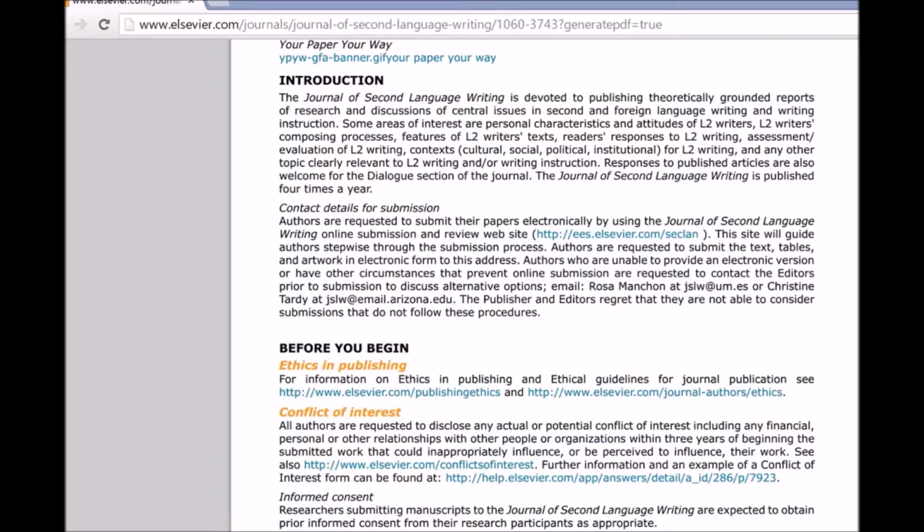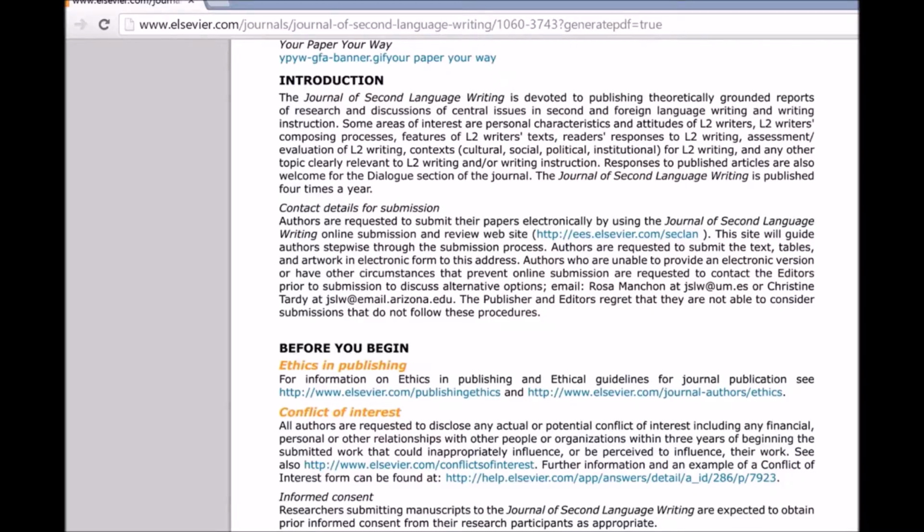And as we go down, it presents a more detailed description of the journal, what it's looking for. So it talks about theoretically grounded reports of research and discussion of central issues. That gives you a sense that it's not simply reporting data, but some kind of larger theory that you want to develop about these topics.